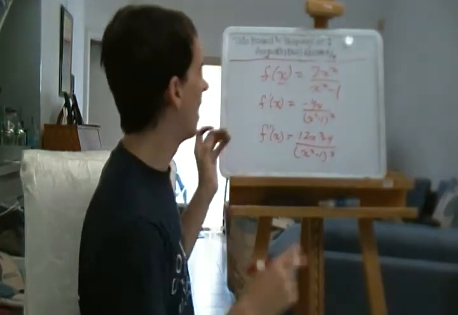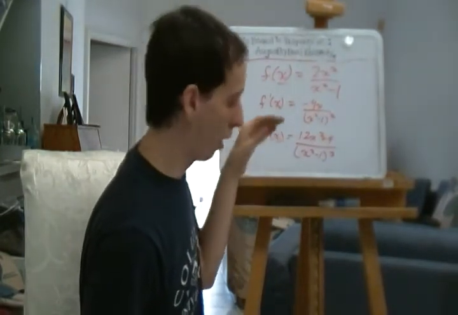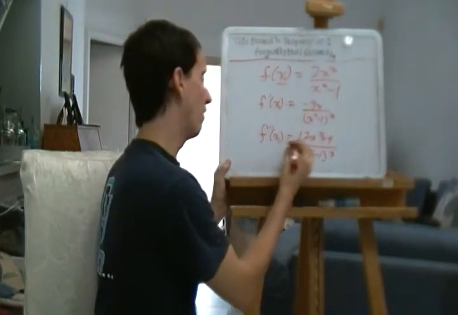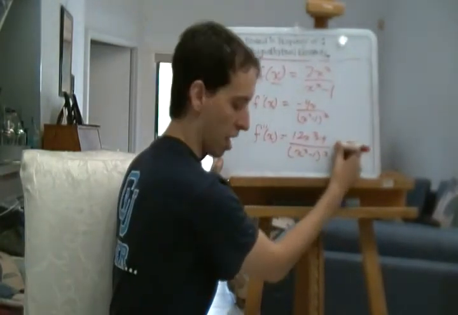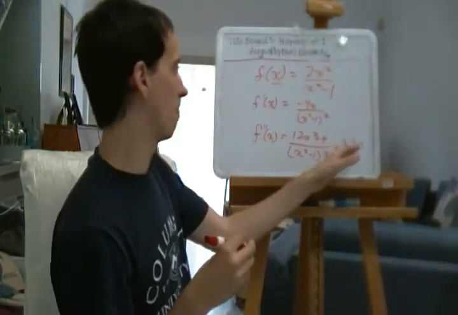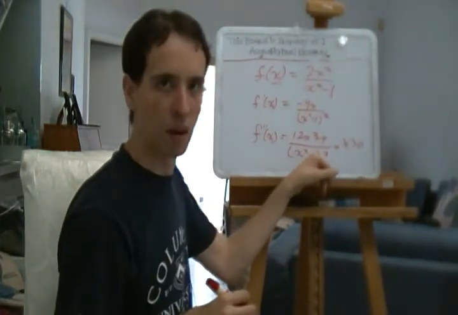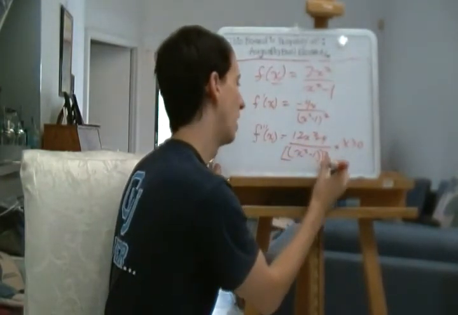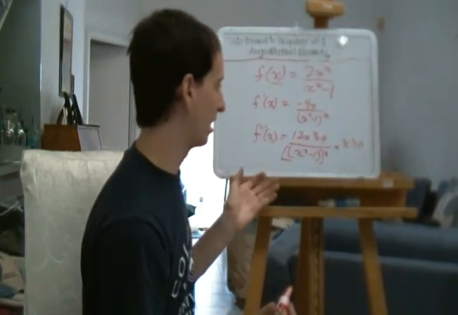Okay? Now, we need to find where we're going to have inflection points. Well, we know that f prime of x is going to be positive. It's going to be concave up, a positive number, wherever this x squared minus 1 is not negative.